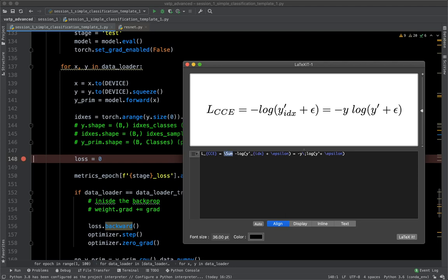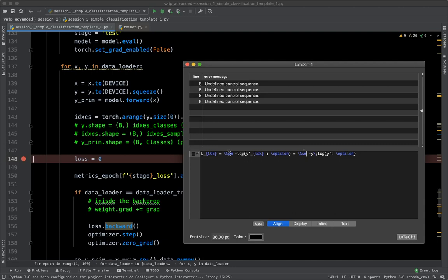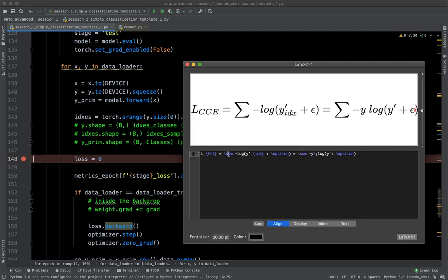Otherwise the backprop would not make sense. So you need to have some kind of summation or mean. Basically, the mean and summation are the same thing. The only difference is just the amplitude, right? So you could use either the sum with a smaller learning rate, or the mean with a larger one.